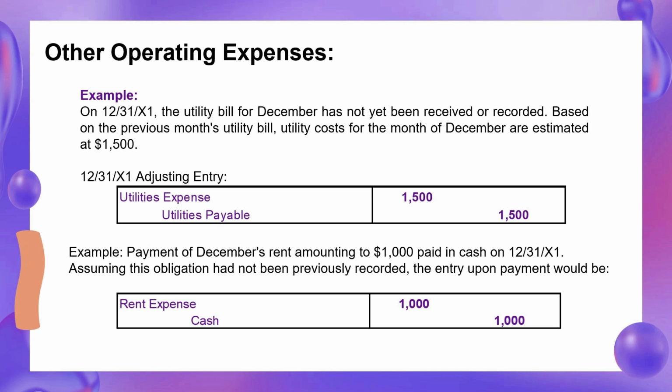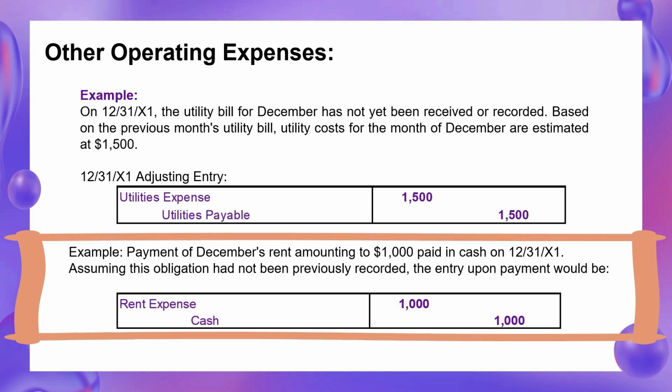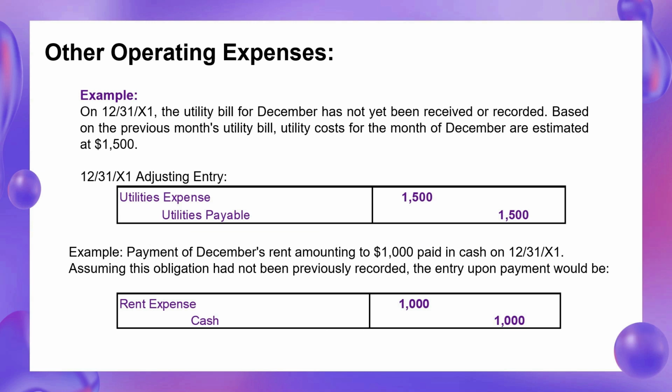Another example of an operating cost that needs to be reflected might be the payment of December's rent amounting to $1,000, in which we actually get the bill in December and pay for it on December 31st.